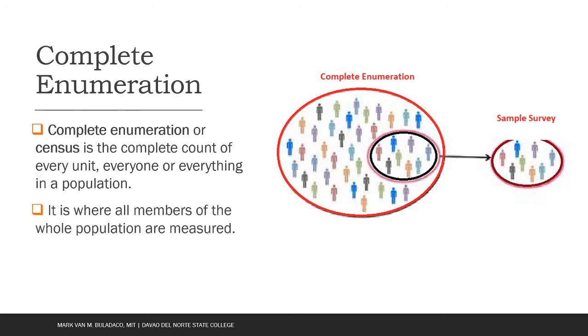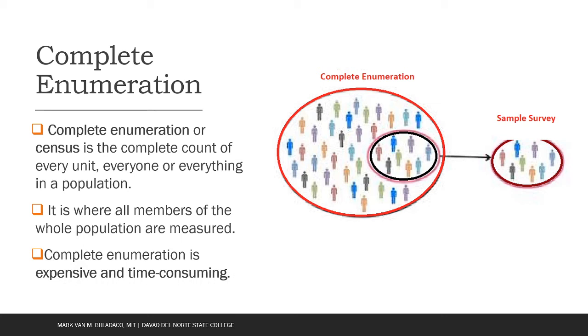It is where all members of the whole population are measured based on your research instruments and research procedures. One disadvantage of complete enumeration is that it is very expensive and very time consuming because you need to reach out to the entire population in order to get the data or their responses to your research instrument.